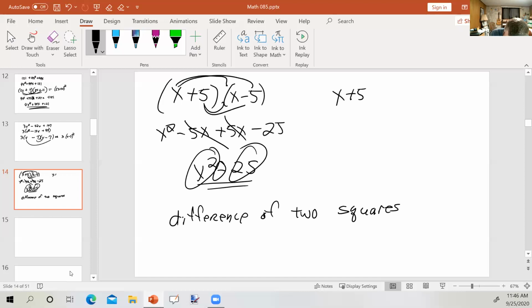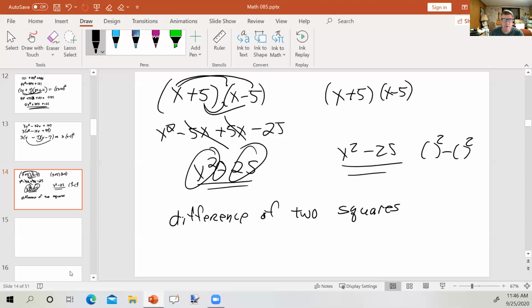Now, what I want to do further with this: notice that when I FOIL it together and get this, what I have there is a square minus a square. What's the base of that square? What is being squared? x. What's the base of that second square?